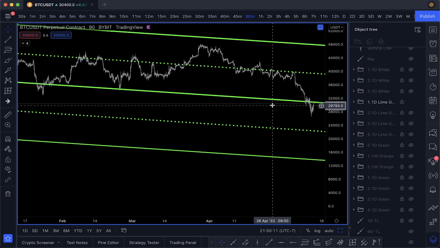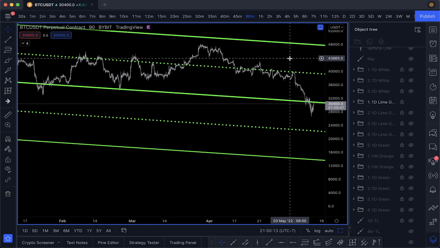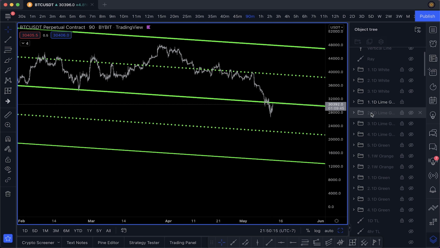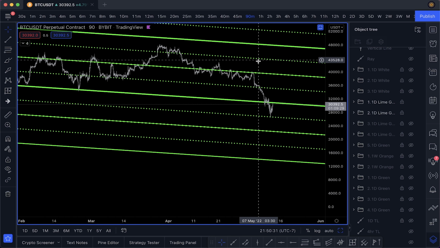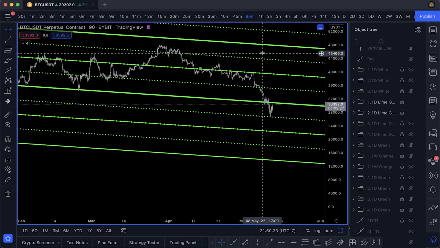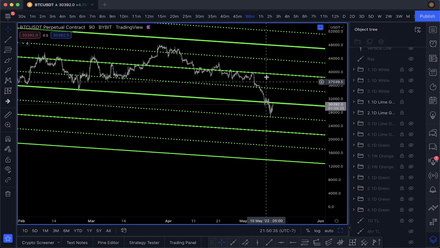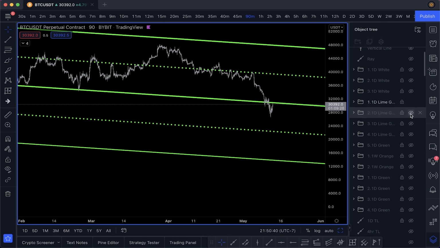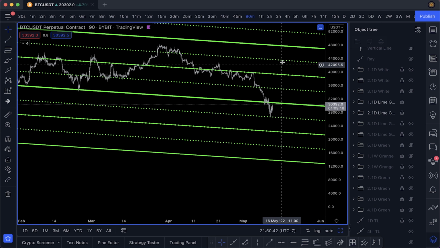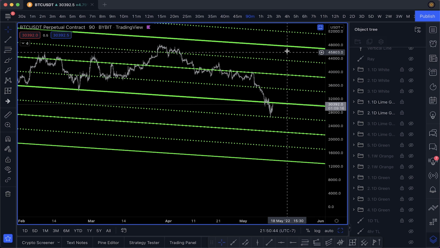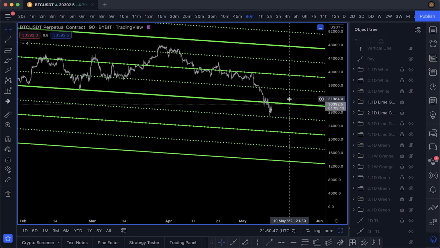This is all one channel. If you turn on where it says 2 right here, these are parallel channels dividing the one parallel channel. So that's one parallel channel, and now you have these two dividing the one parallel channel.